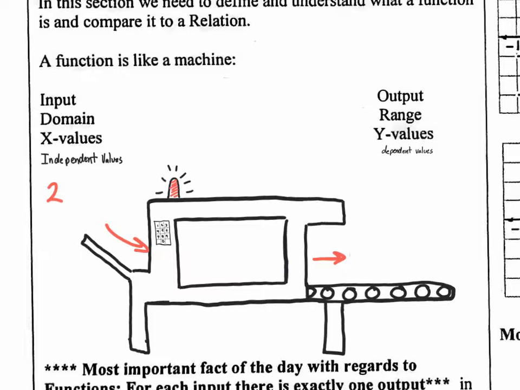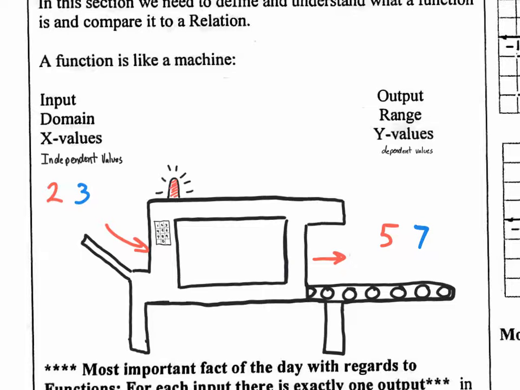Let's say 2. Let's pretend that this 2 is going right into this machine, and it comes out as a 5. Interesting. Okay, so how about we plug in the next number? How about 3? We take the 3 and we plug it in, and it comes out as 7.